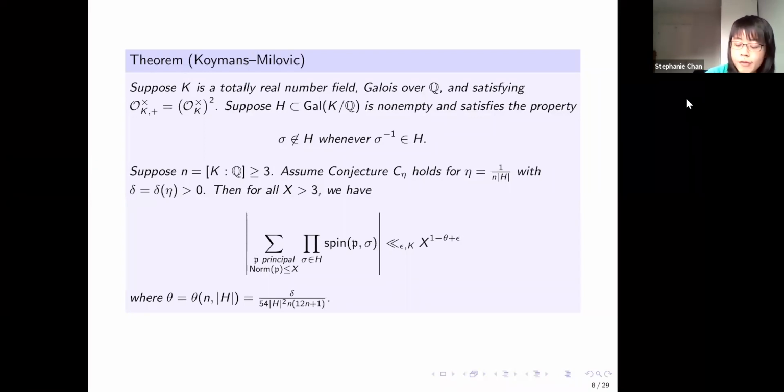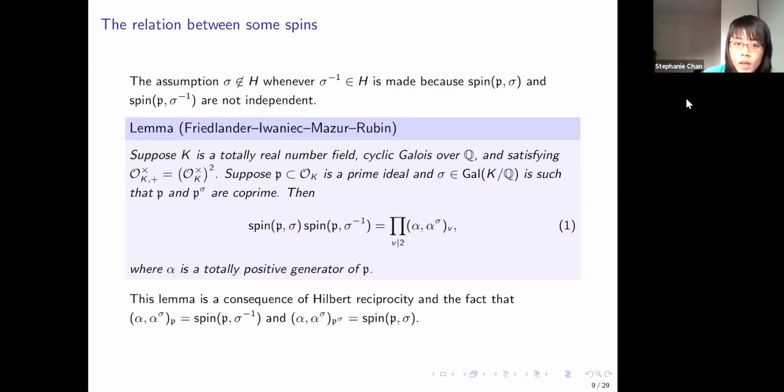So why do we have to impose this condition that sigma and sigma inverse cannot be in the set H itself? That is because spin P sigma and spin P sigma inverse actually satisfy some sort of quadratic reciprocity.